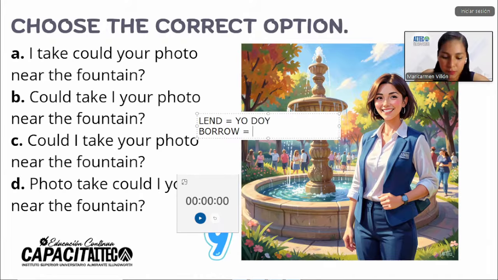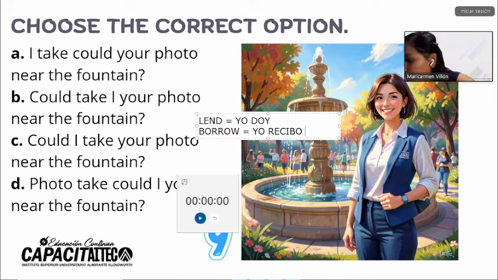Borrow, cuando yo recibo. Por ejemplo, you borrow me your umbrella. Y si yo soy la que doy, I lend you my umbrella. ¿Sí? Creo que estaba clarita con ese ejemplo. Could I? Letter C. Excellent, very good.